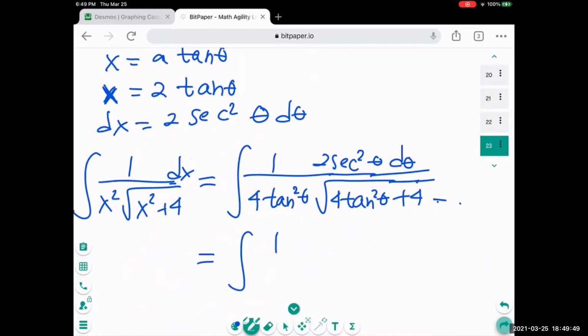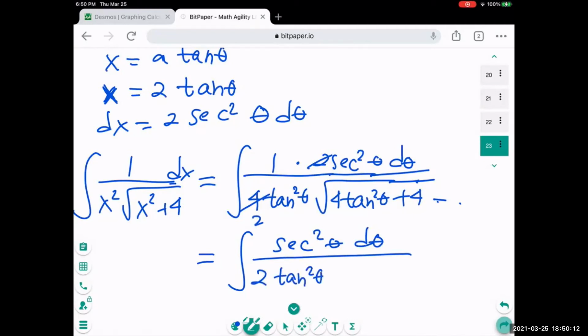So this becomes 2 because 1 times 2 secant squared. And we have a 4 here, so this cancels out. On our numerator, 2 secant squared theta d theta. And there's a 4 tangent squared theta, and then we can factor out the 4, so 2, and then inside the radical sign is tangent squared theta plus 1.